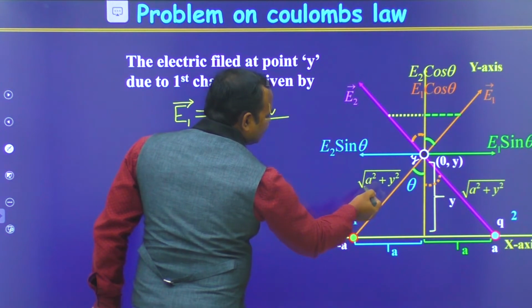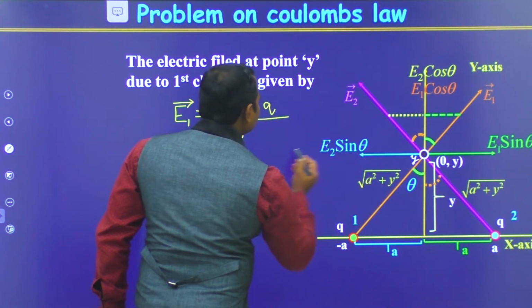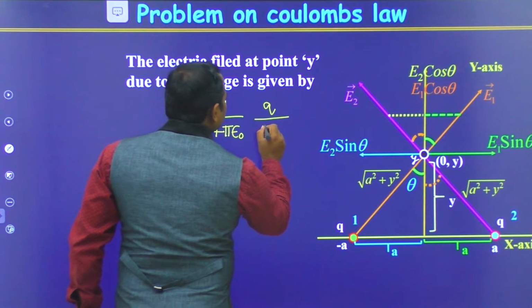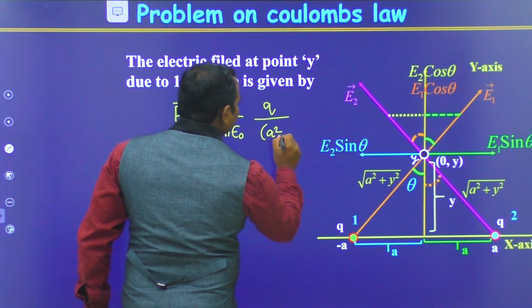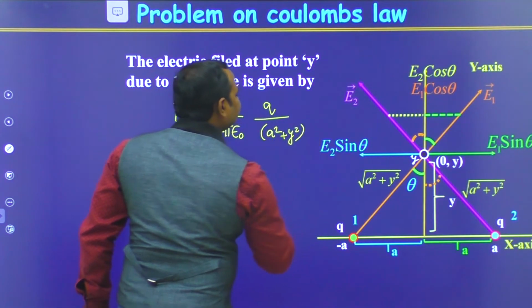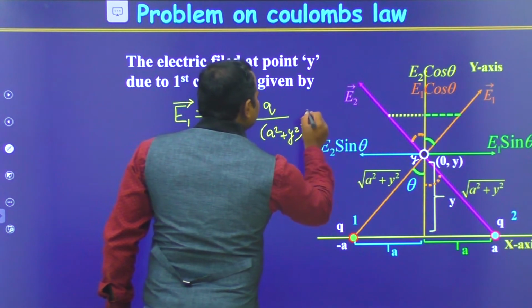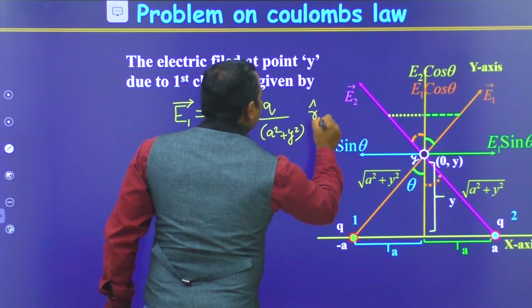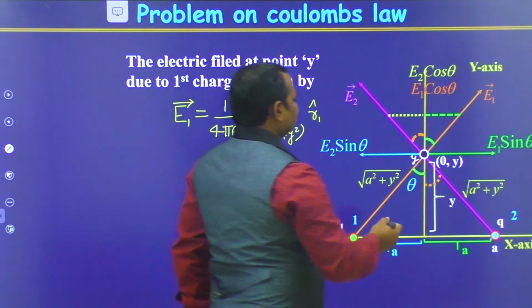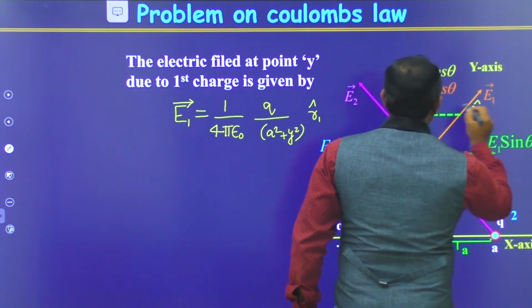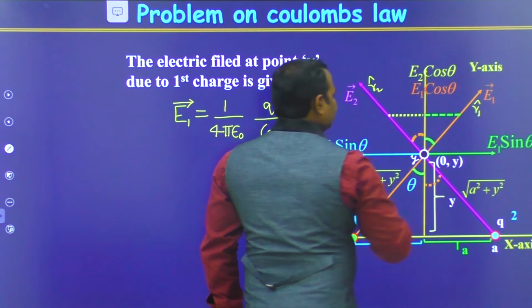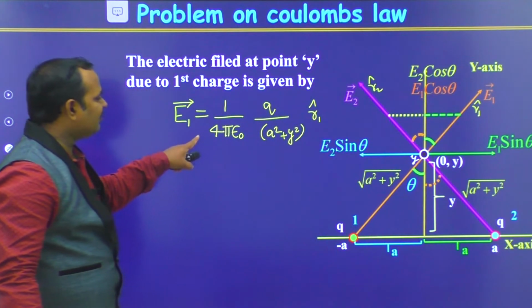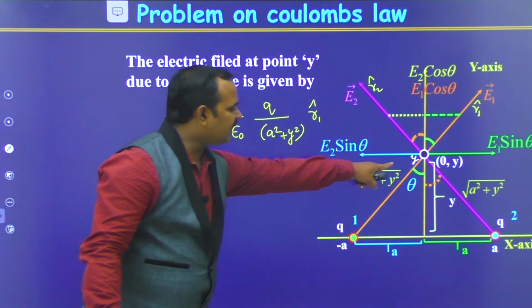The distance is under square root of a square plus y square. So r square means we can write a square plus y square, and then let's represent this as r1 cap, this is the r1 direction just for sake, and this could be r2 direction. This is the electric field that is produced by the charge at this point.